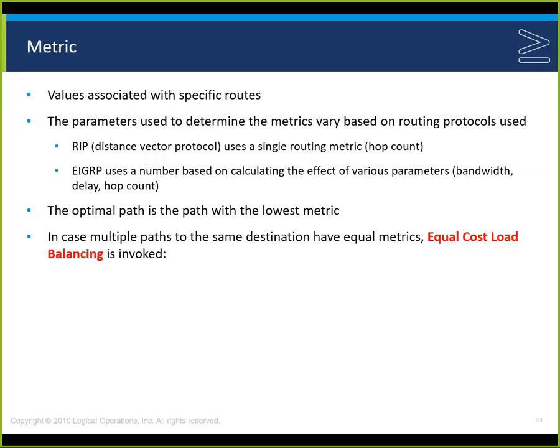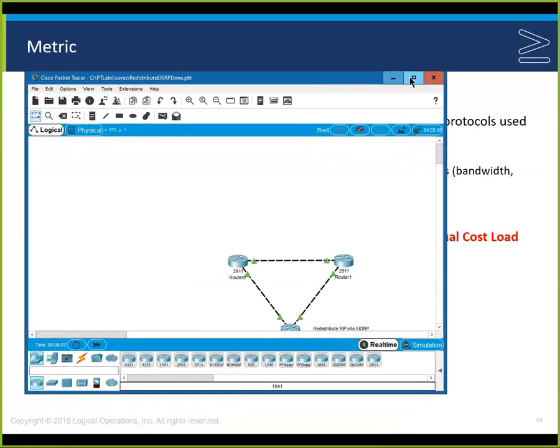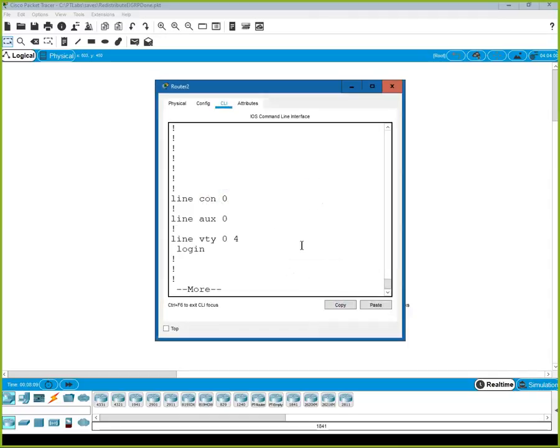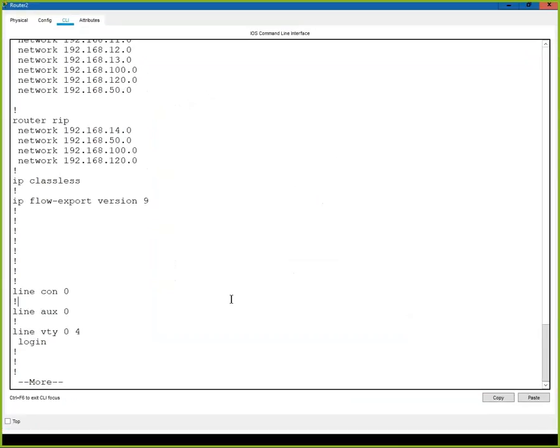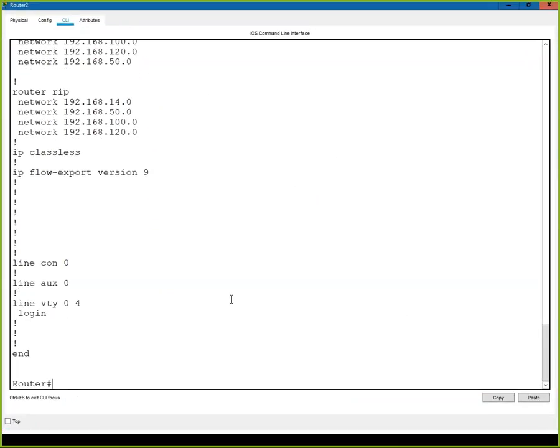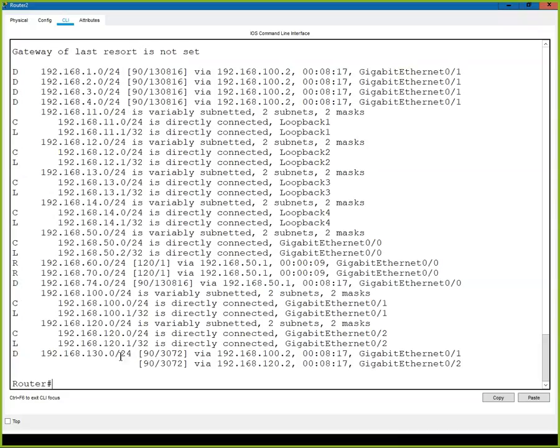If we have multiple paths, same destination, have equal metrics, equal cost, load balancing is invoked, and we did see one of those. Equal cost load balancing. I think this one had that, didn't it? And what it will do is use both of them. When we go down here, we have 2 routes going to the 130 network.